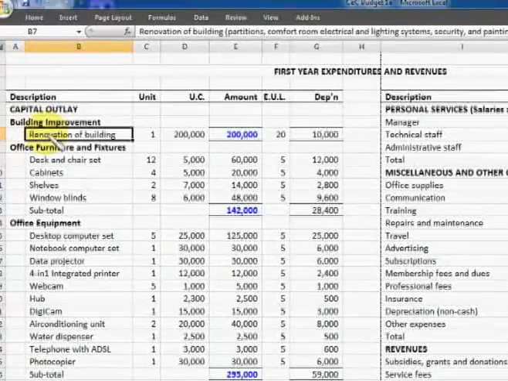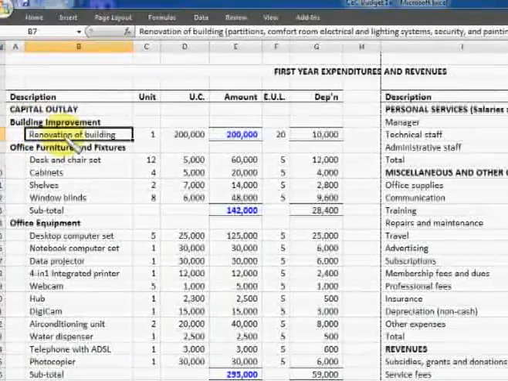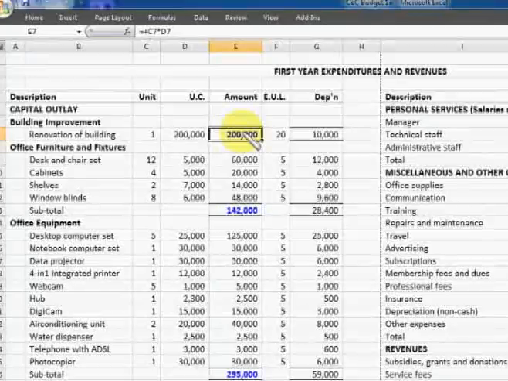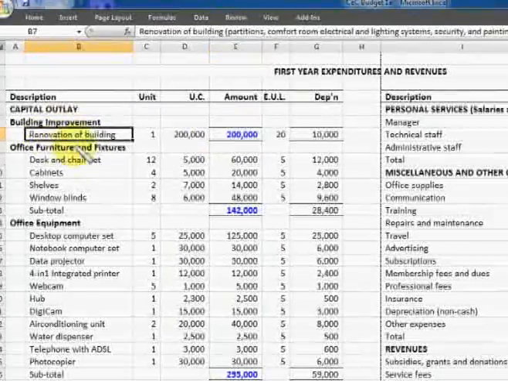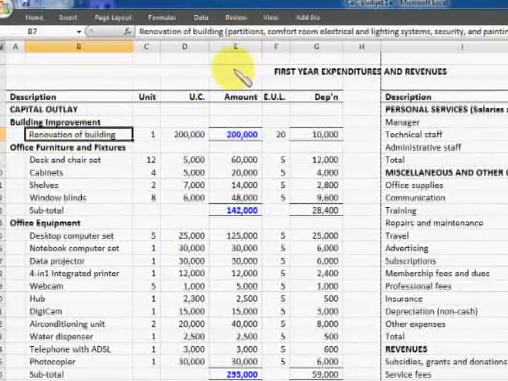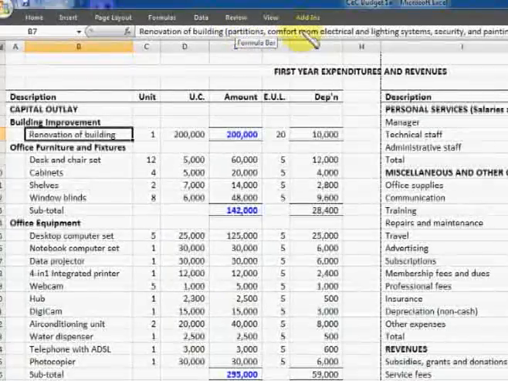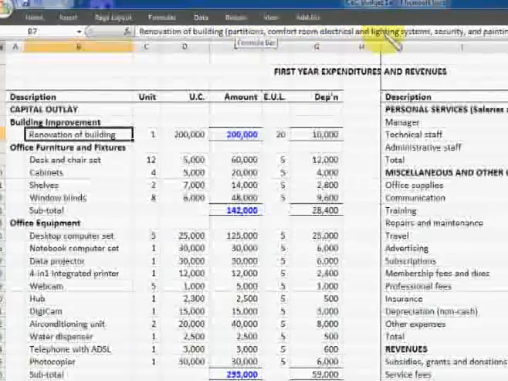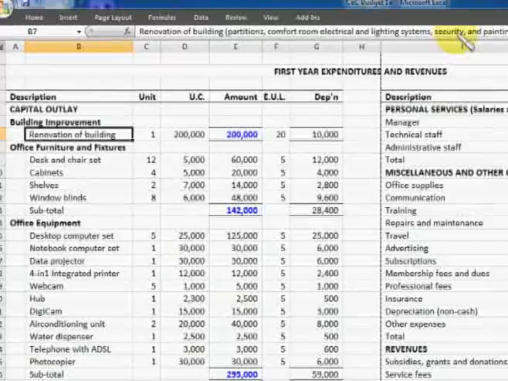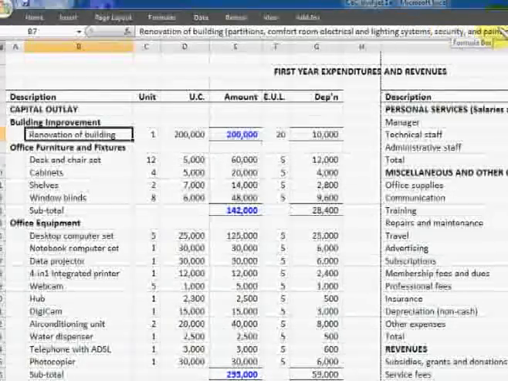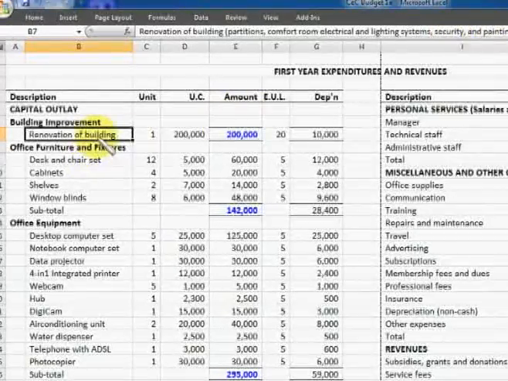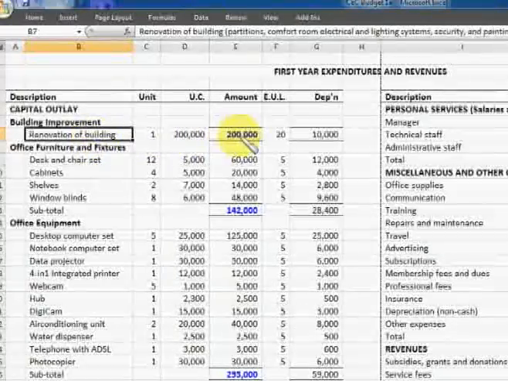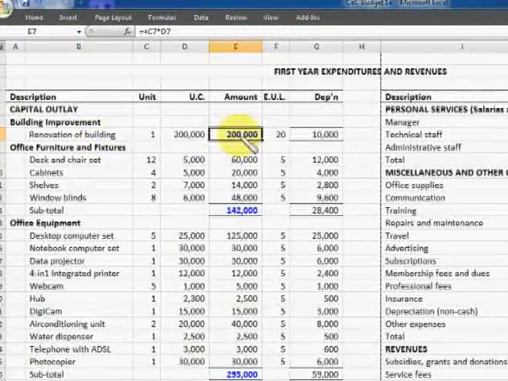For this example, the cost of 200,000 pesos represents the installation of partitions, comfort room, electrical lighting systems, security, as well as painting of the newly renovated building, and the total amount is 200,000 pesos.